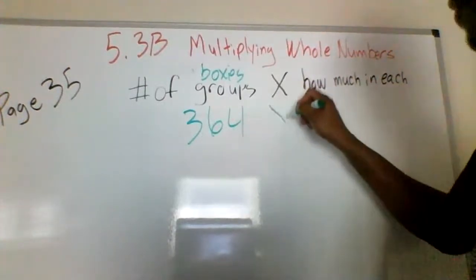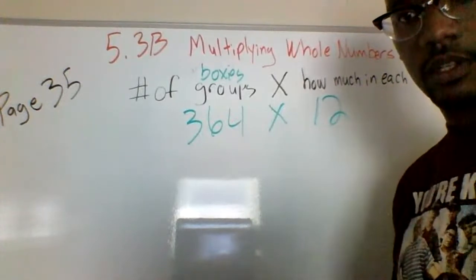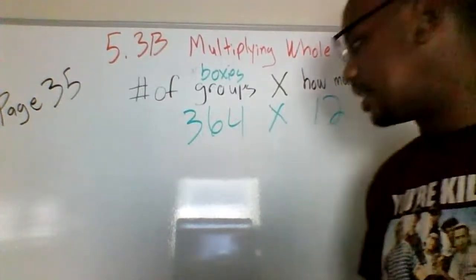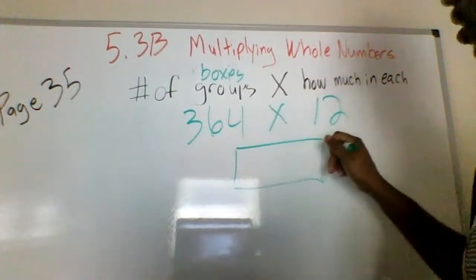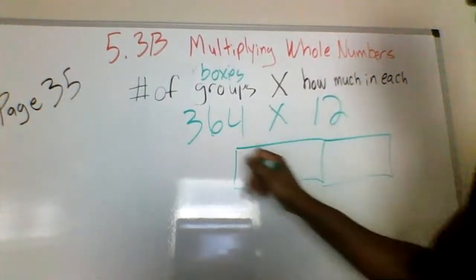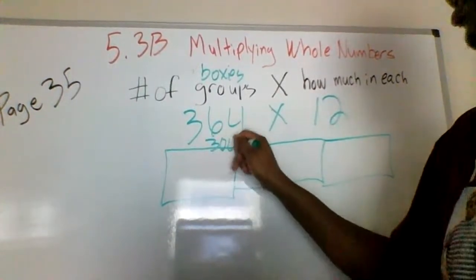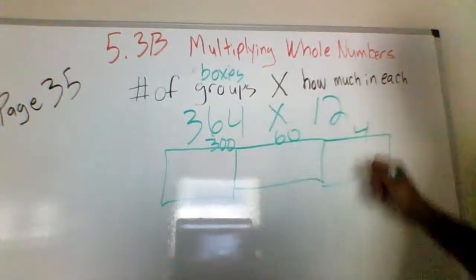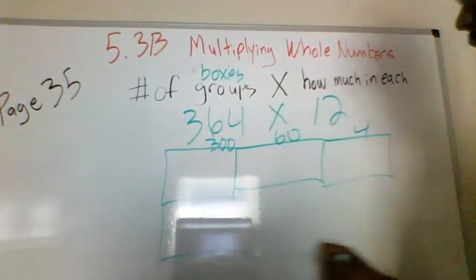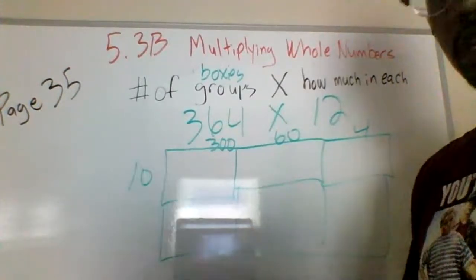So that's 364 times 12. All right. Now, 364. 12 is 10 and 2.